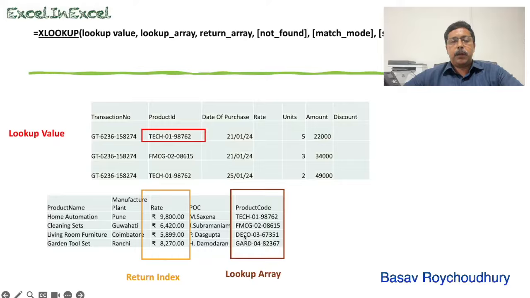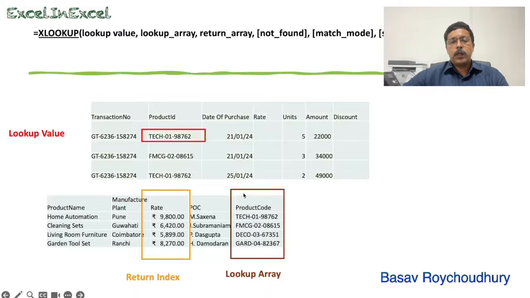So here I have the lookup array and the return array, and therefore in Xlookup, I am not limited by where the lookup values are and where the return values are. If the values were arranged in rows, I could have still used Xlookup.